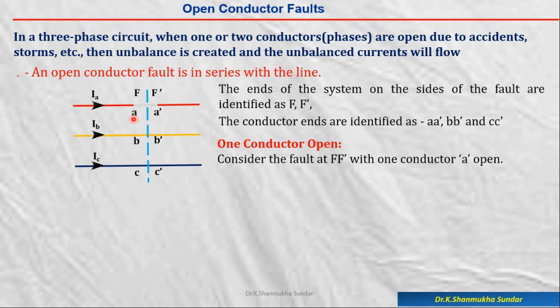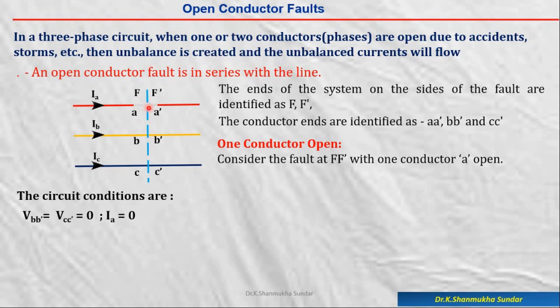Now from this, write down the circuit conditions. When a one conductor open fault occurs, like the boundary conditions we saw in the earlier shunt type faults, here we write down the circuit conditions. What are the circuit conditions across the faulted points A and A dash? VAA dash will have some voltage because it is an open circuit, so it exists.